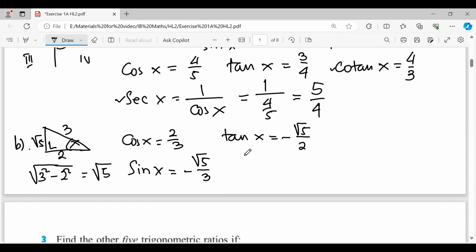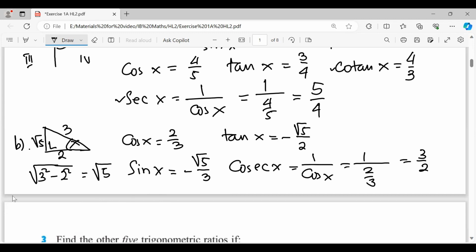Okay. Next, cosecant x. Cosecant x is 1 over sine x, so 1 over negative root 5/3 is negative 3 over root 5.